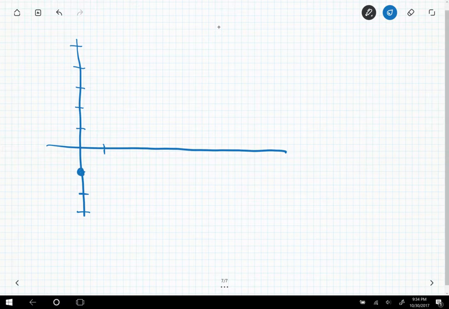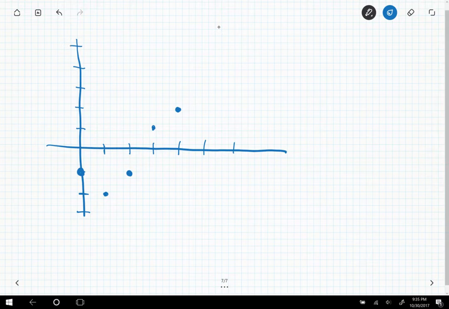My curve isn't going to be so smooth, and I'm going to make it at different points here. 2, 3, 4, 5, 6. I'm trying to make these so they're at the values that they say they are.